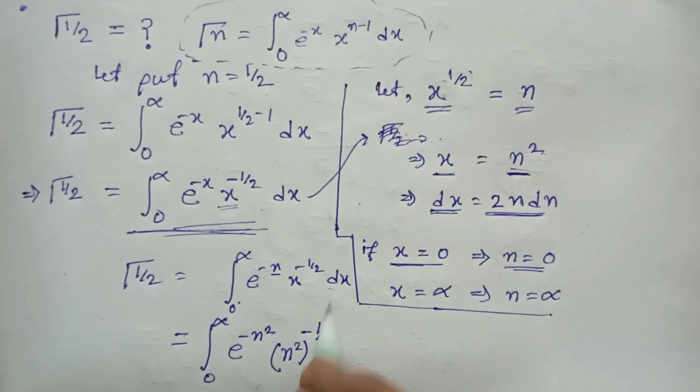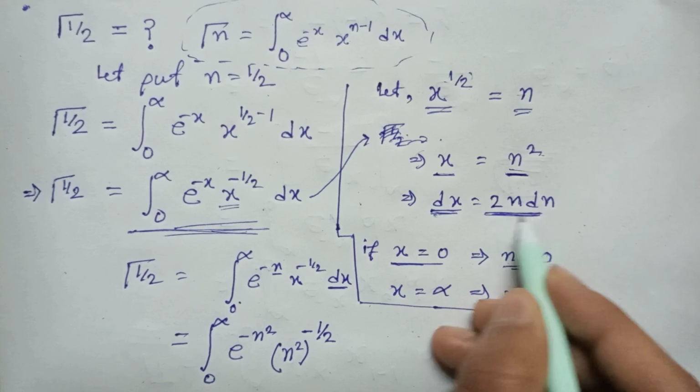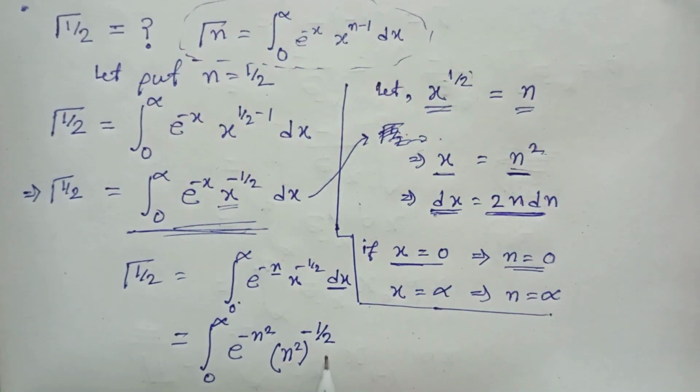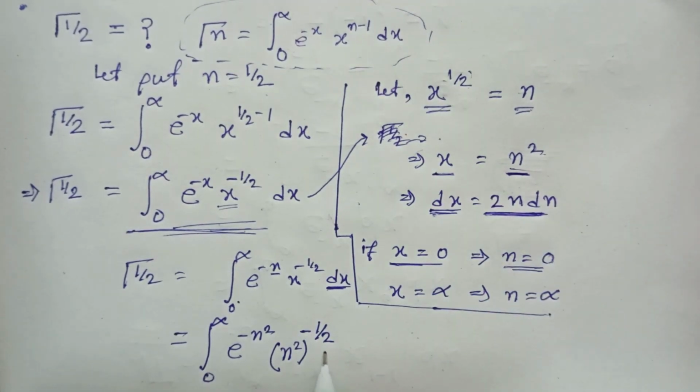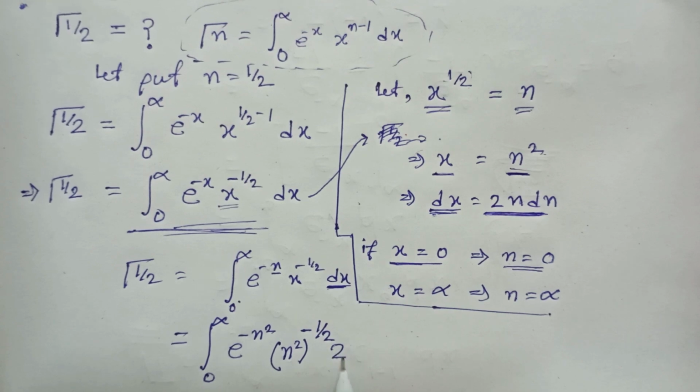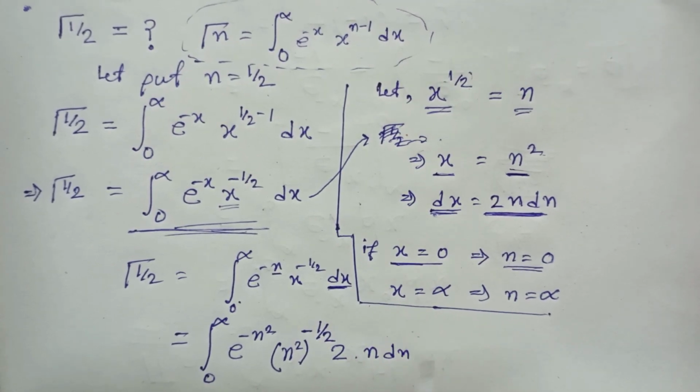After replacing dx with 2n dn, we get 2 into n dn.